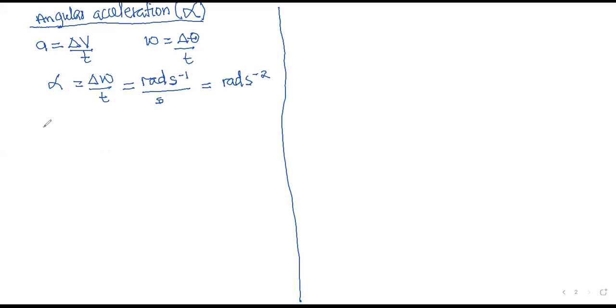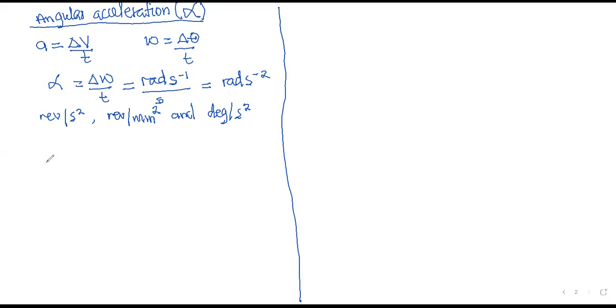Note that other units can also be revolution per second squared, revolution per minute squared for you to convert, and even degree per second squared. I'll be sending you questions on this in order to apply how you can work out the conversion. So take notes.